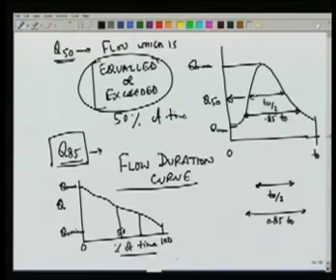Now the flow duration curve and the mass curve are both very critical in water sources or, let's say, power generation design. We would first look at the mass curve to find out how much storage we would require in order to satisfy a given demand.